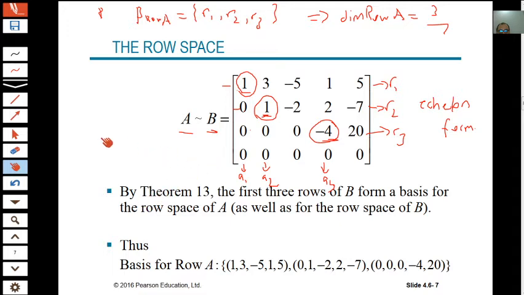Okay, for the column space, a basis for the column space contains the vectors A1, A2, and A4. Okay, and the dimension of the column space is 3.